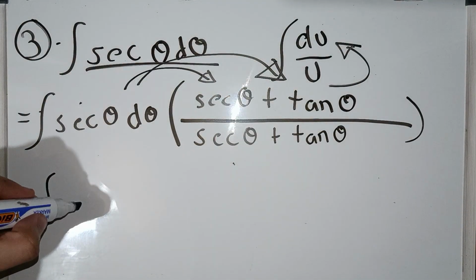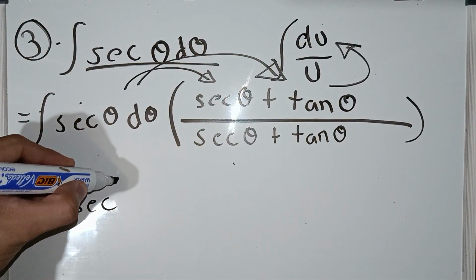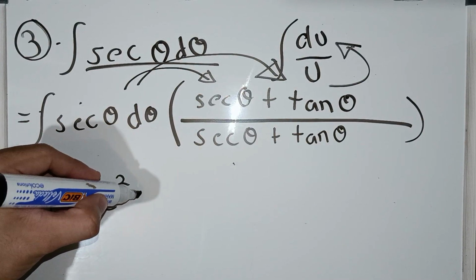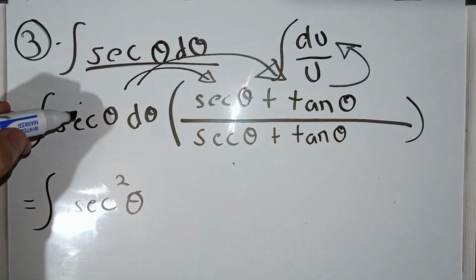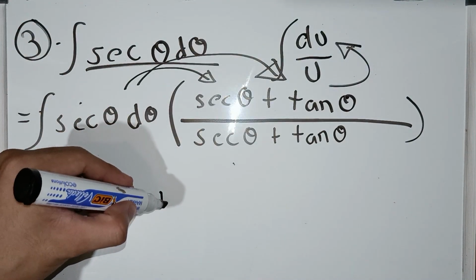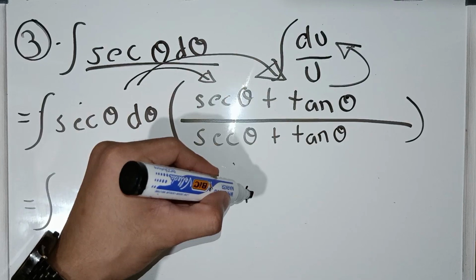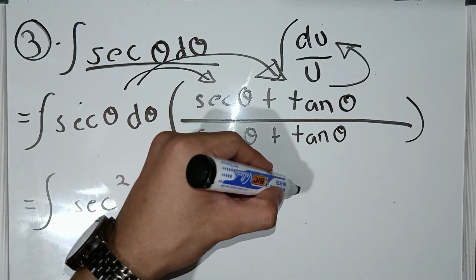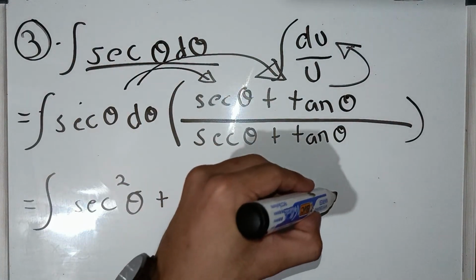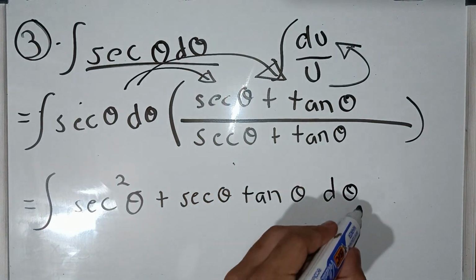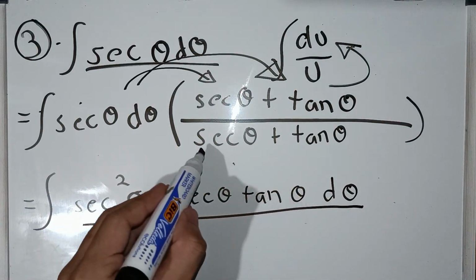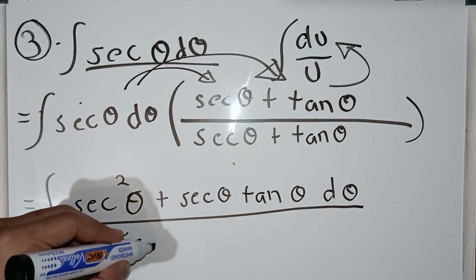So it will now become secant squared theta plus secant theta tan theta d theta, and simply copy the denominator, which is secant theta plus tan theta.